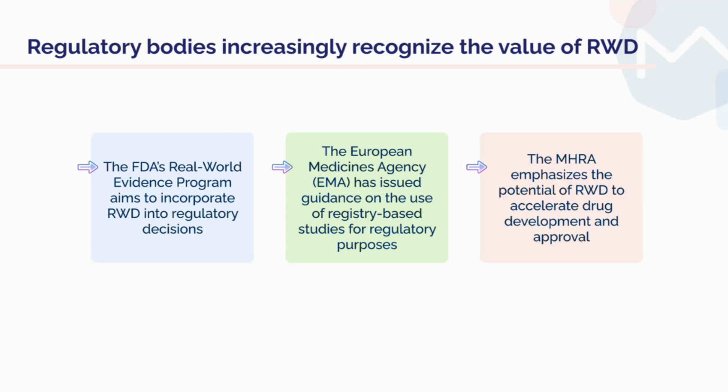We also have the EMA, the European Medicines Agency, who have issued guidance on the use of registry-based studies for regulatory purposes. And then the MHRA, who emphasize the importance and potential of real-world data for improving the efficiency of drug development processes and medicine reimbursement specifically.